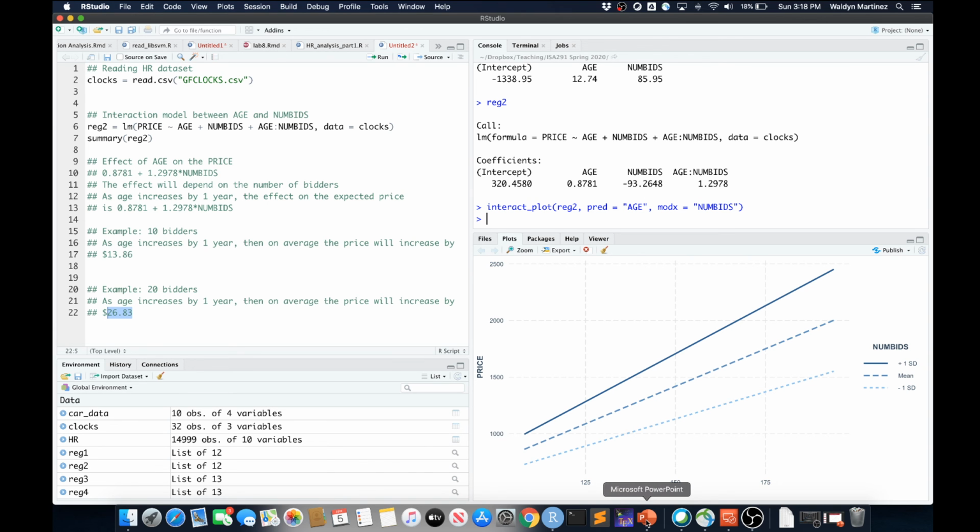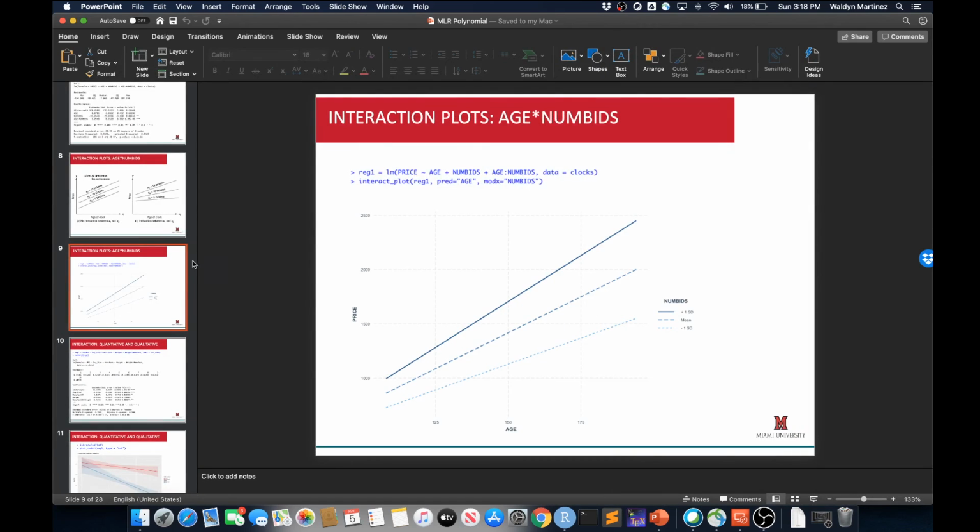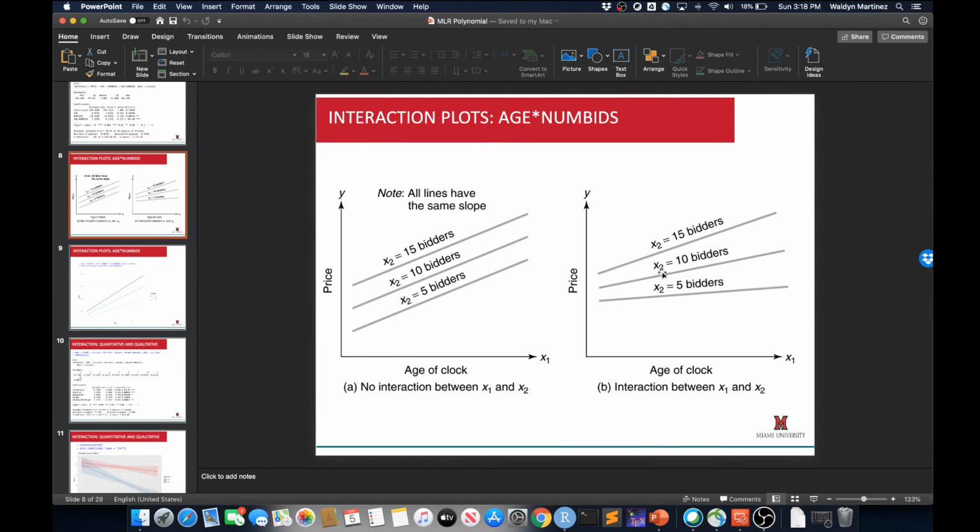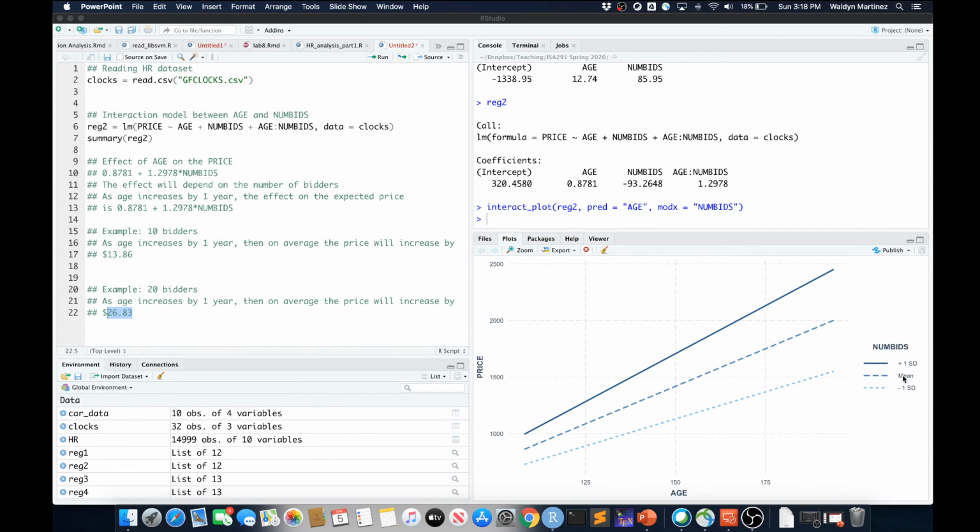So in other words, instead of taking 5, 10, and 15 bidders, what it does actually is that it takes the average number of bidders plus one standard deviation and minus one standard deviation, and it plots them so that you can see the differences in the slopes. Remember, if the slopes are the same, in other words, if these three lines are parallel, there is no interaction between age and number of bidders.